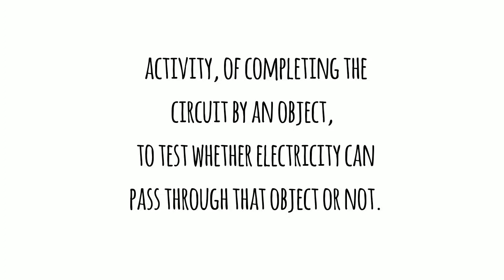Now, we will perform this activity of completing a circuit with an object to test whether electricity can pass through that object or not. What will happen if we keep wood, coal, iron to complete the circuit in the picture on the screen? We will observe that the iron nail will conduct electricity and complete the circuit, while a piece of coal or wood will not conduct electricity and thus would not complete the circuit.